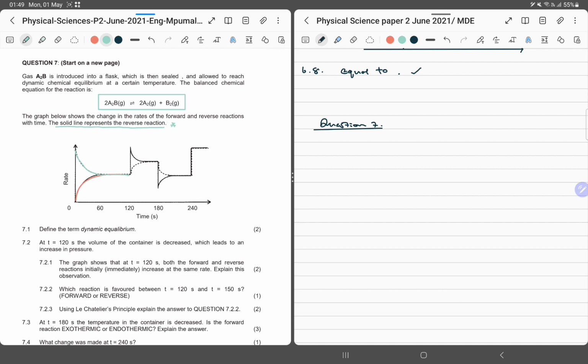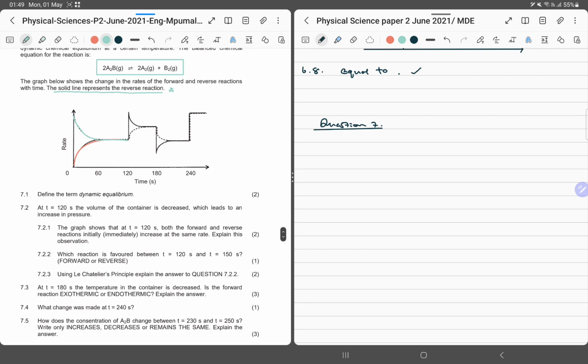Okay, so let's see. We can see that here between T60 and T120 we've reached equilibrium. And then something happens at T120.